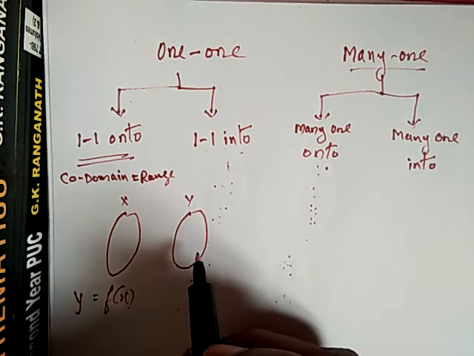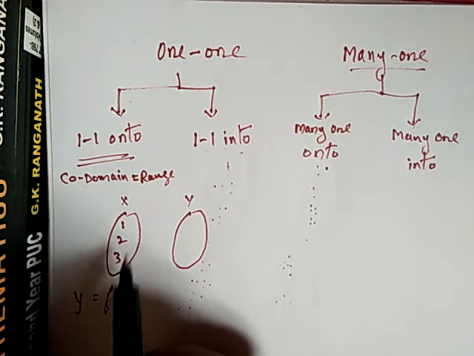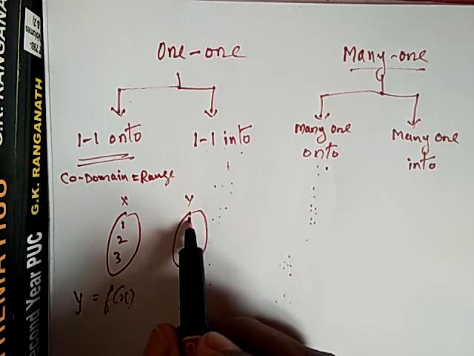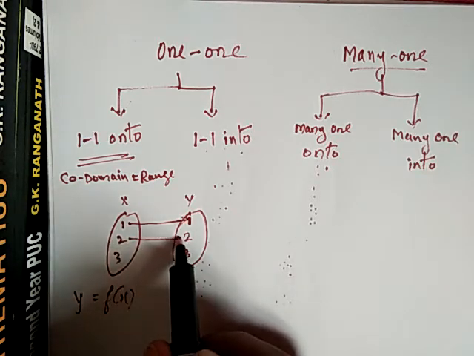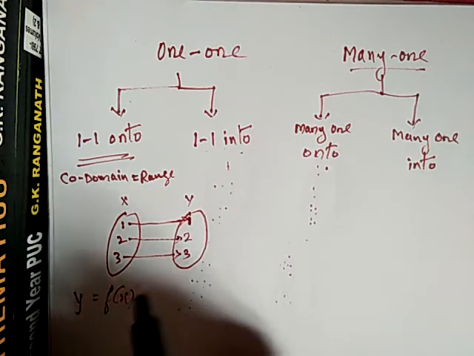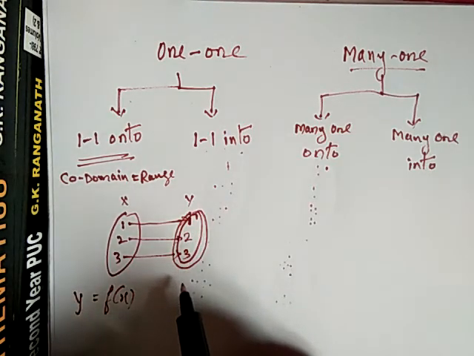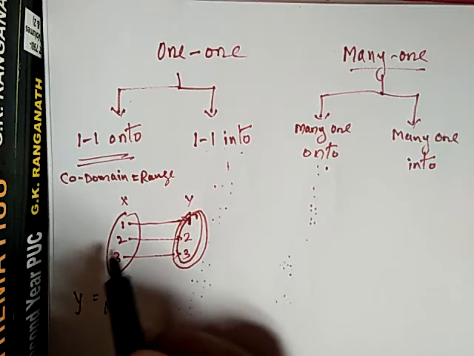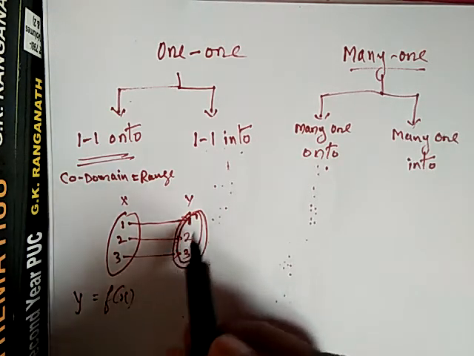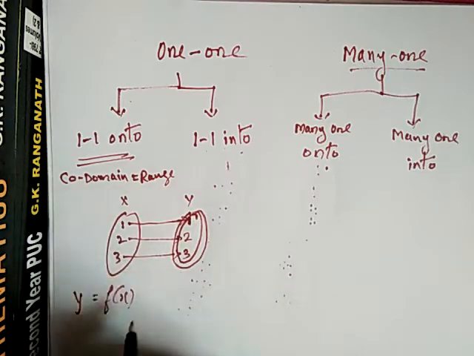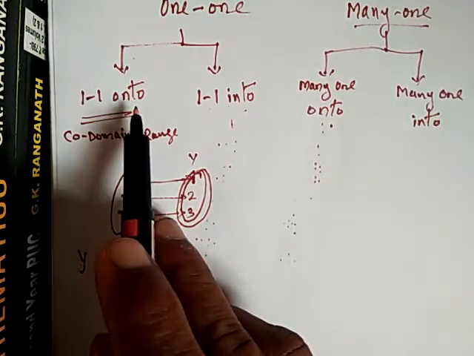For example, here 1 2 3 are some elements, and here also 1 2 3 are there. Each is associated with an element here, so no element is empty. All elements in the codomain have an image. So this codomain is equal to this range, and in such a case we can say the function is one-one onto.